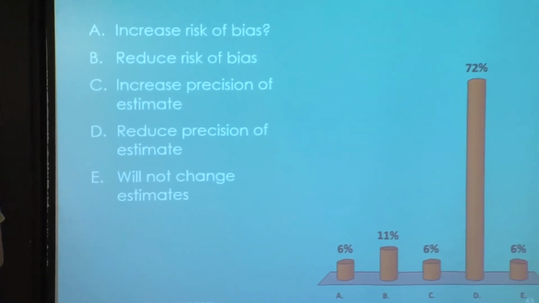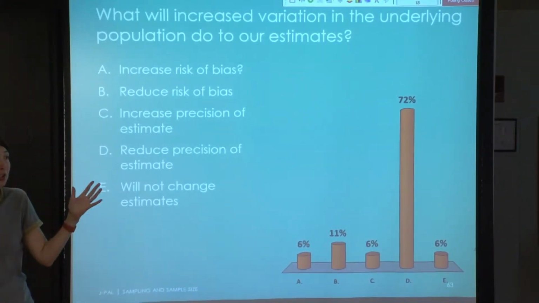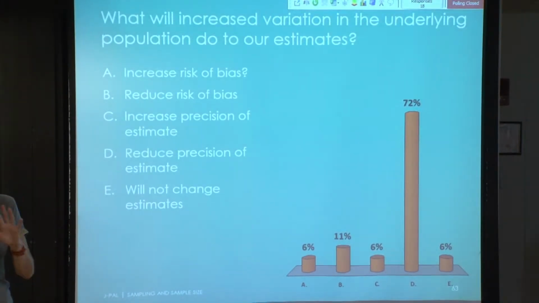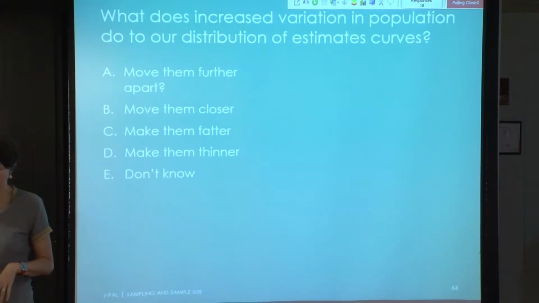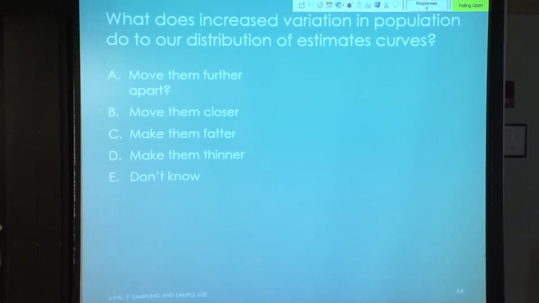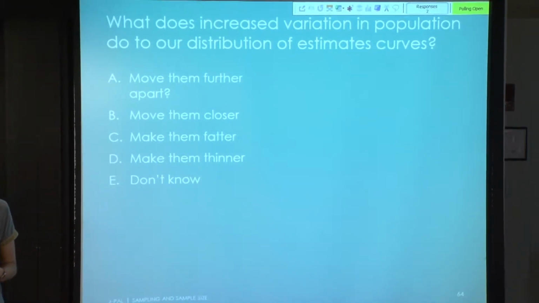So it's going to reduce precision of our estimates if we have more variation because of that risk that we'll get kids unevenly allocated between treatment and control. Now, what does that do to our curves? What are our curves going to look like if we have more variation?